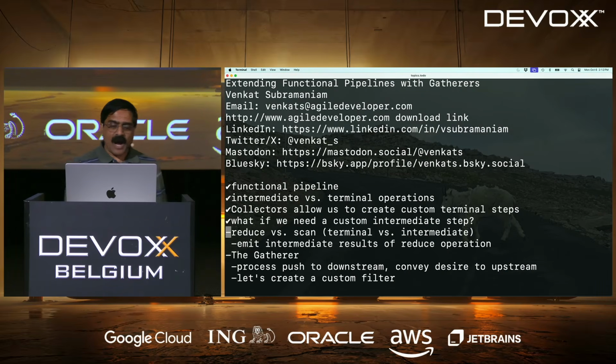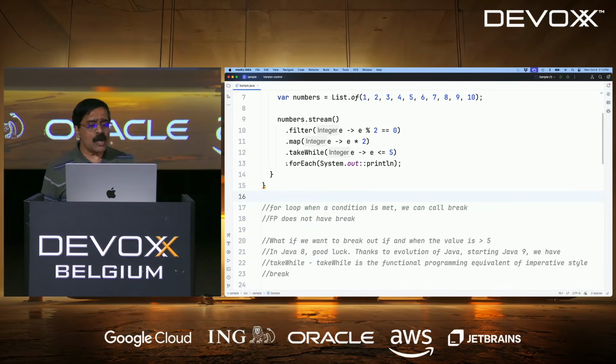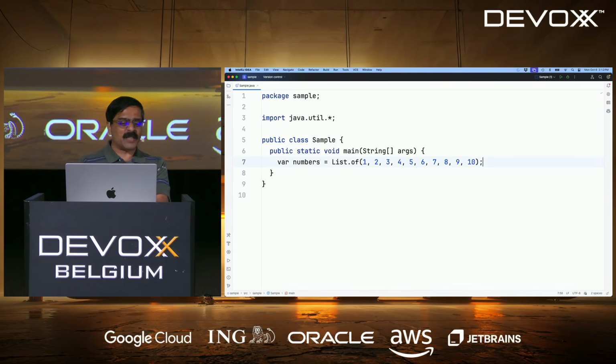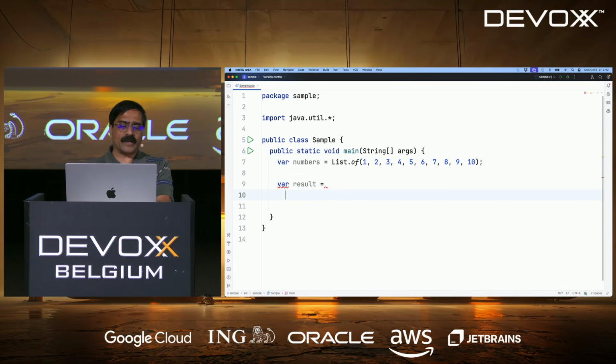So let's talk about intermediate operation in this case. Let's talk about this operation we are all familiar with, and we will expand it to something a little different. So if I have, let's say, result is equal to, and I'm going to output the result after all. So here is the result I want to output.